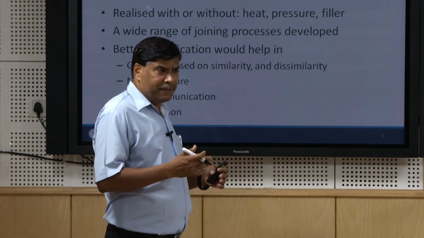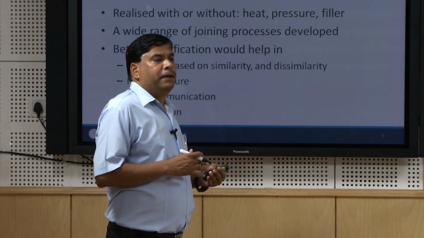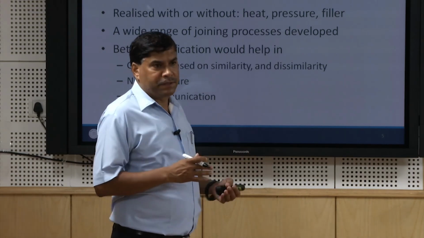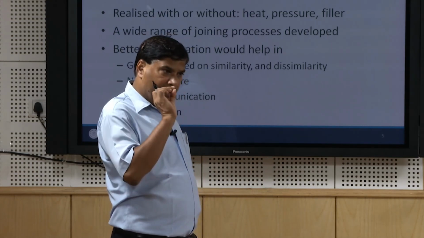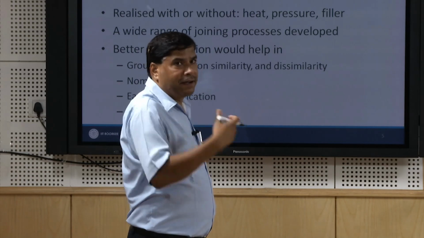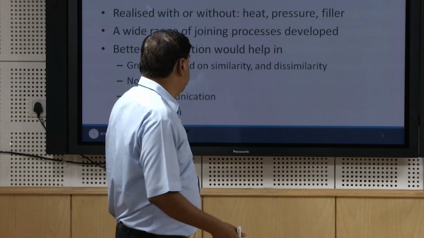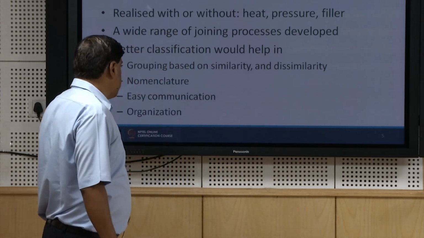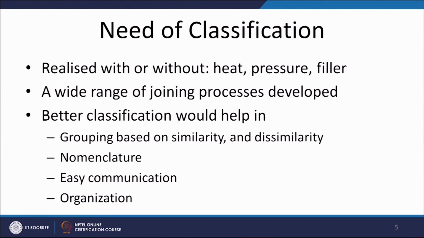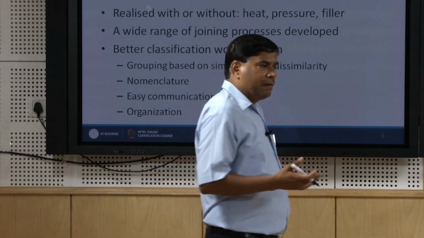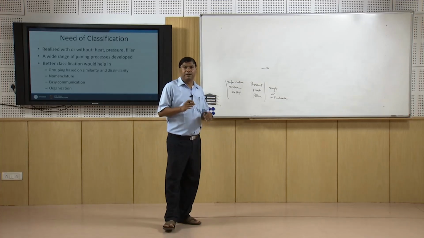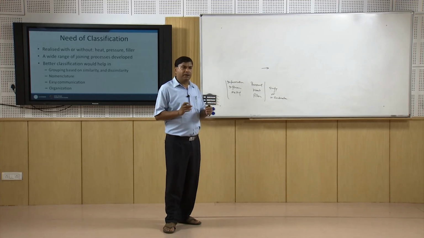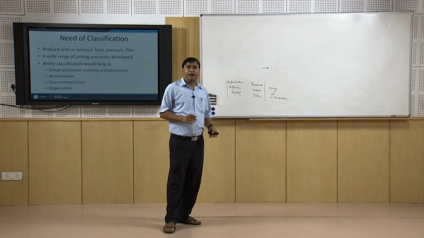So, depending upon the requirements, we can use different kinds of processes in the different categories. The important thing is that our communication to use a particular kind of joining process becomes effective. That is easy communication, and then easy nomenclature. Nomenclature means under what conditions the joining process is being done, and that can be used as a basis to classify, like solid state joining processes, or liquid state, or solid-liquid state, or processes based on the arc.